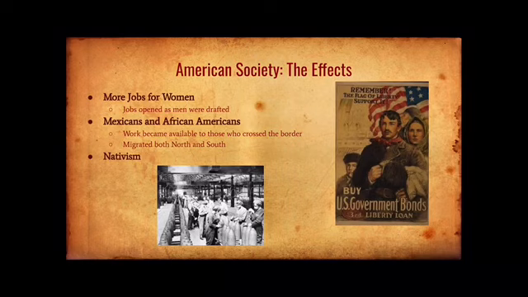So Mexican and African Americans also had available work. They were mostly hired in agriculture and mining in the Southwest, because that's kind of what they were used to, rather than factory jobs. So they went to work with what they were used to. But they went to both the North and the South, not just the Southwest, but most of them ended up in the Southwest.